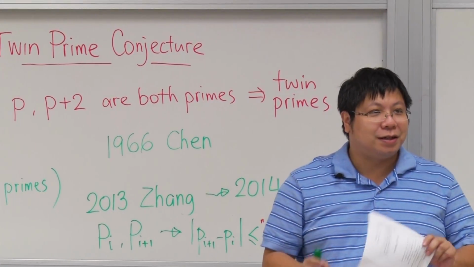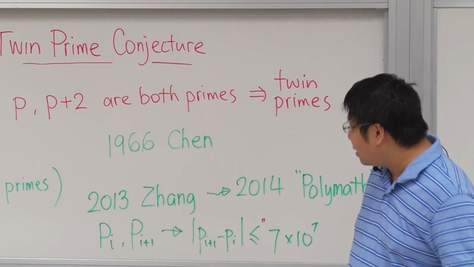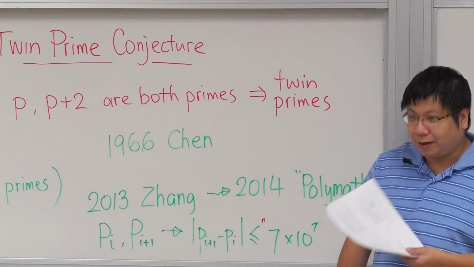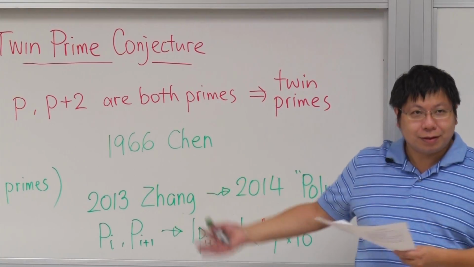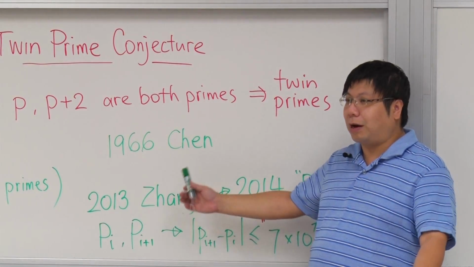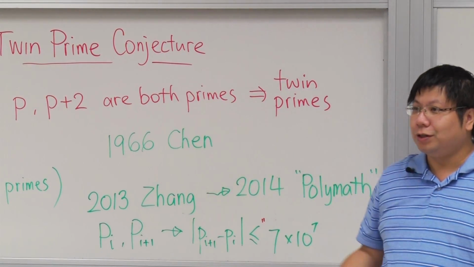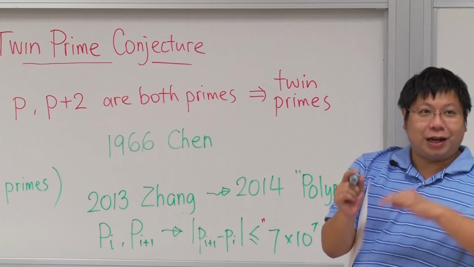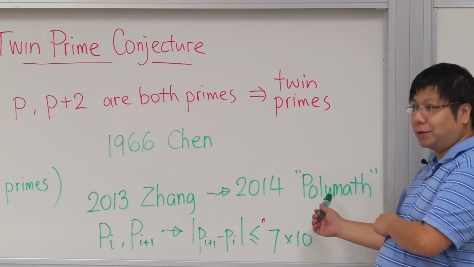There's a young mathematician called Terence Tao at UCLA. Because this result is groundbreaking, he invited mathematicians all over the world to join the project, and they work together through the internet.